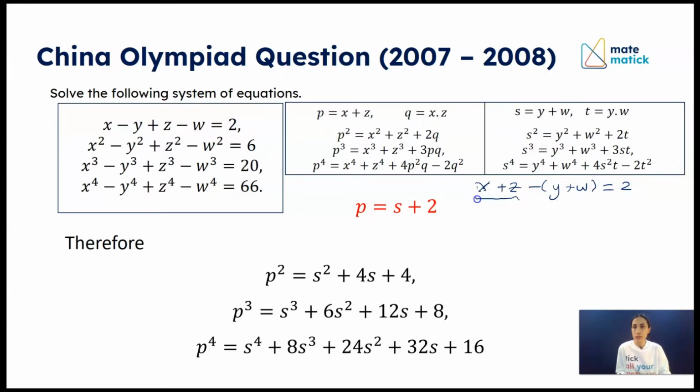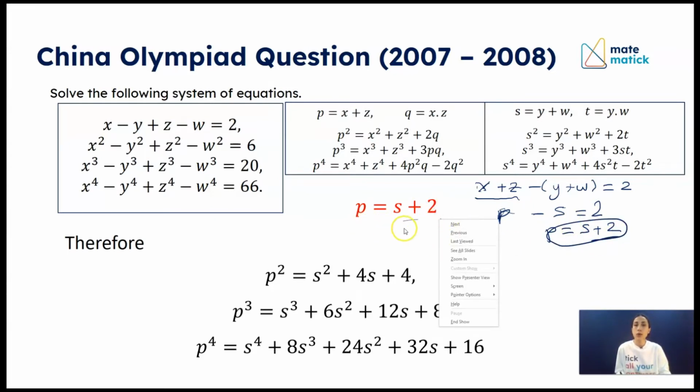I know that x plus z is p, and y plus w is s. So p minus s is equal to 2, which means p is equal to s plus 2, as you can see here. So now I know p is equal to s plus 2.